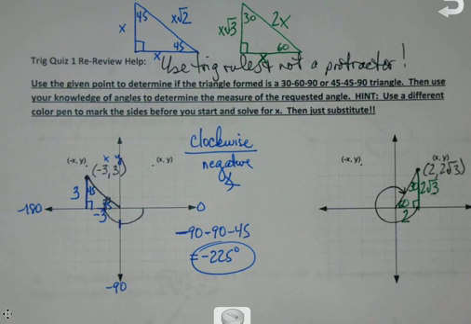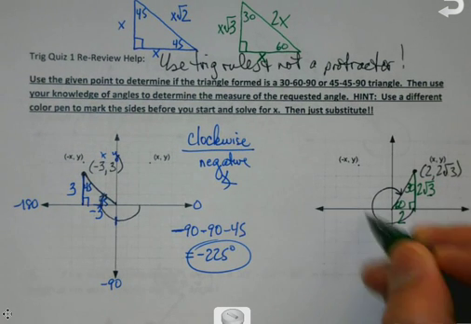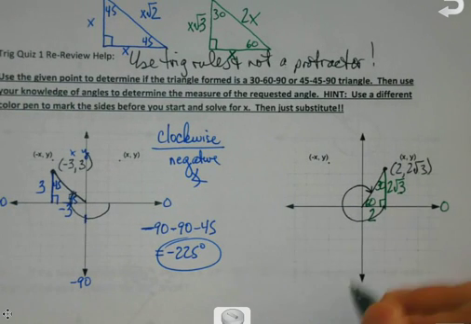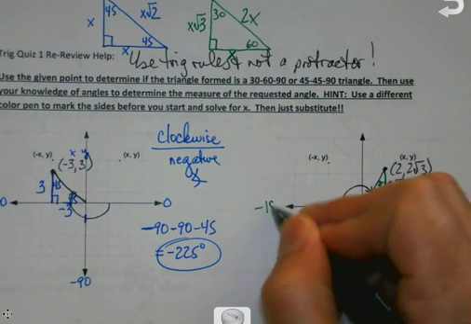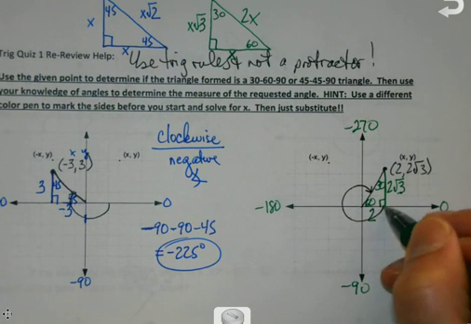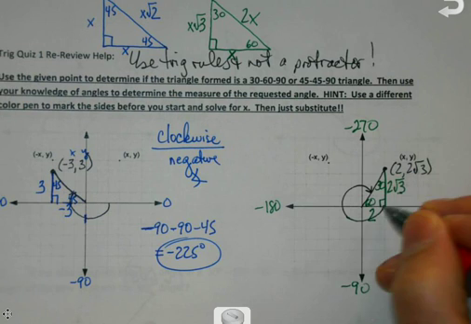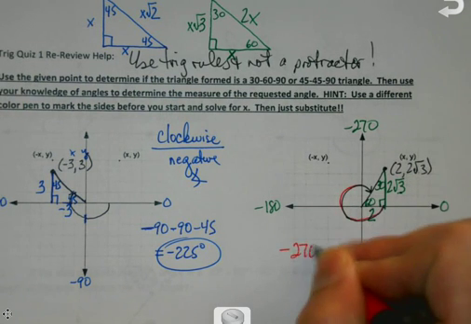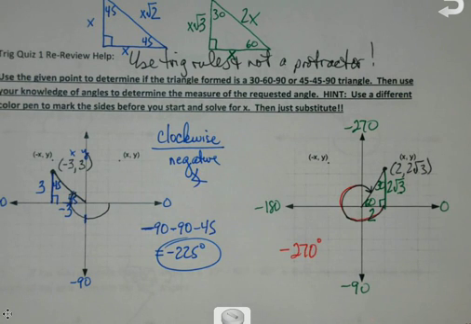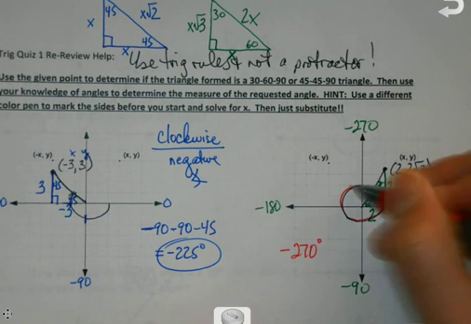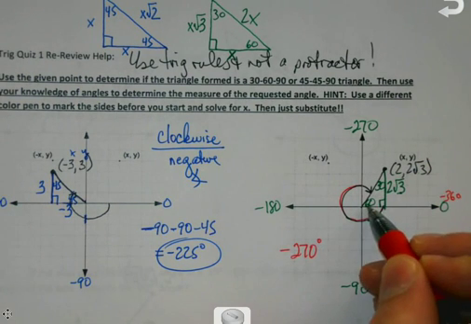So again, we're going clockwise, so it's going to be negative. If I go ahead and label my axes as I go around, I notice I get all the way around to here. So that's negative 270. Now this time I got to be careful. I've got 90 degrees left here, but 60 is taken up by my triangle.